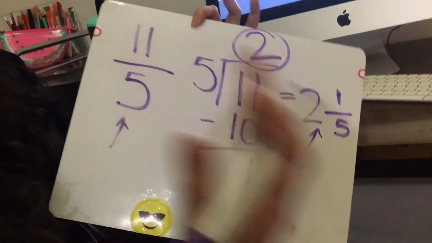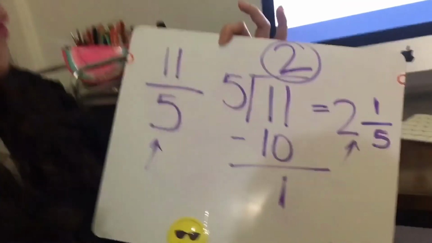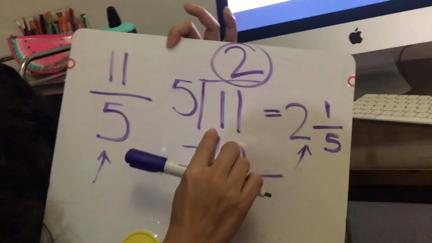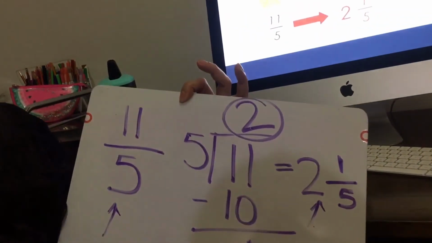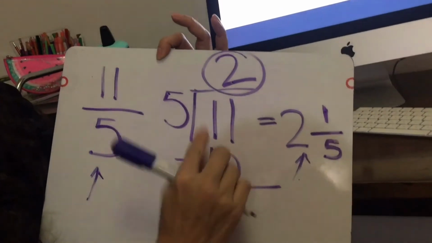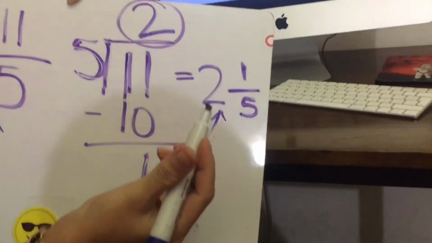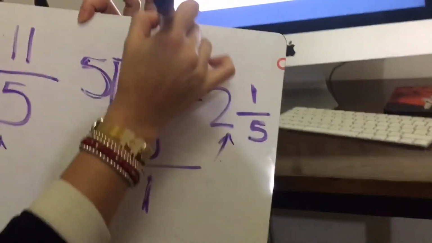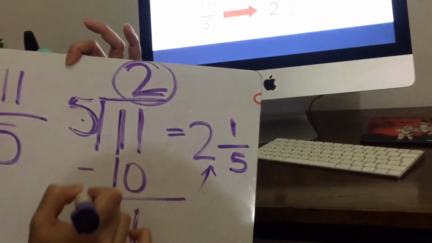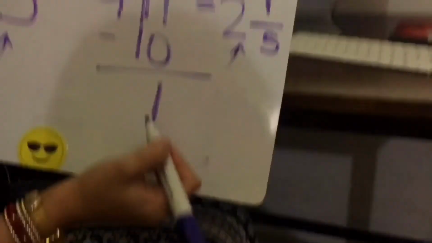Okay? I'll repeat the steps. Let's see. What would be step 1? Step 1 would be read the fraction as a division problem. 11 divided by 5. I would do the division. 2 times 5, 10. 11 minus 10, 1.